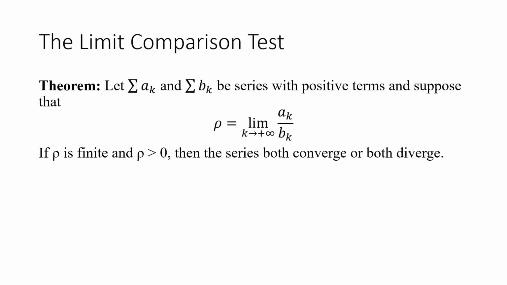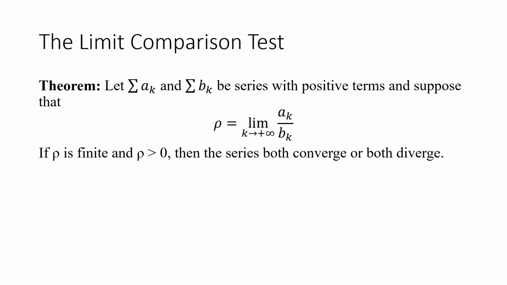Okay, so this is the theorem. Let the series a sub k and the series b sub k have positive terms, and suppose that rho is equal to the limit of a sub k over b sub k as k approaches positive infinity. If rho is finite and rho is greater than 0, then both series converge or both diverge.